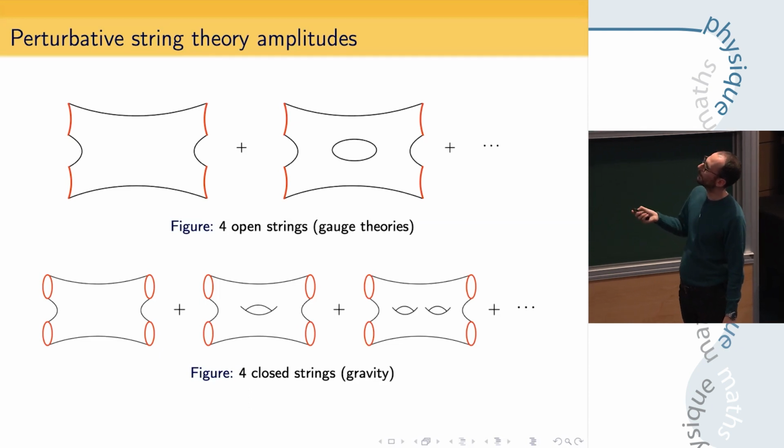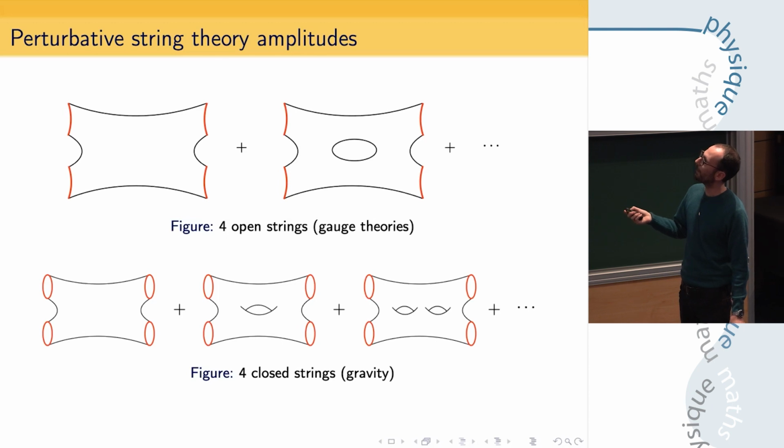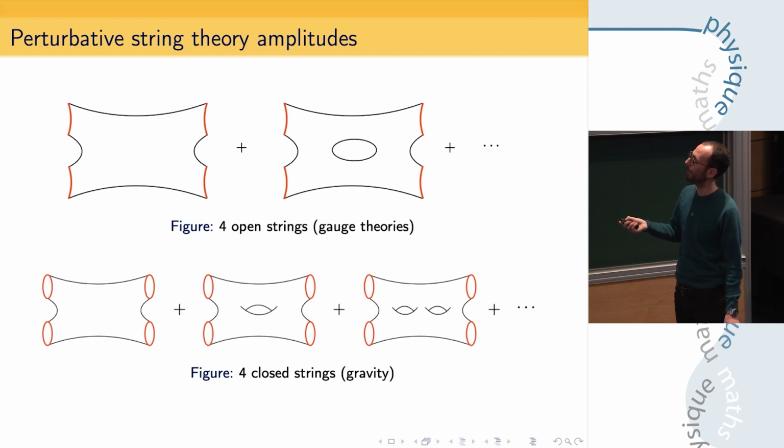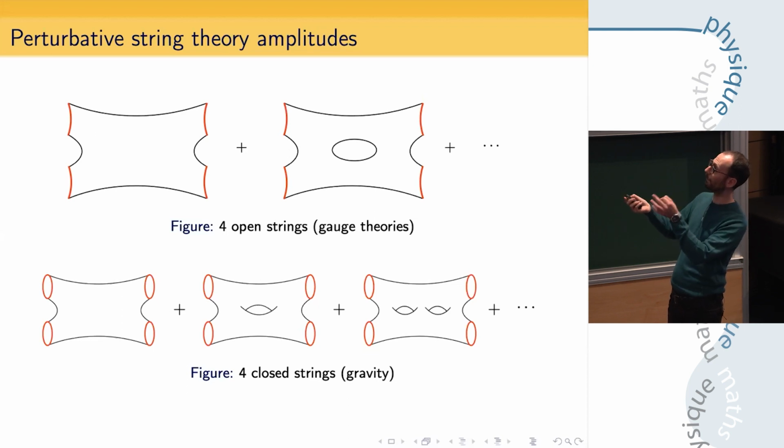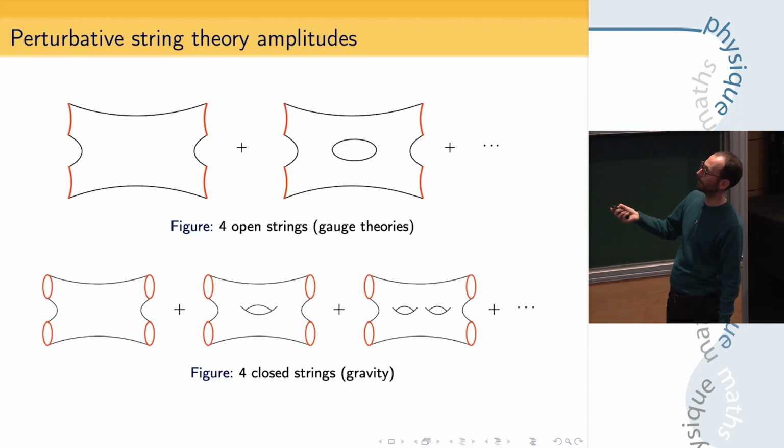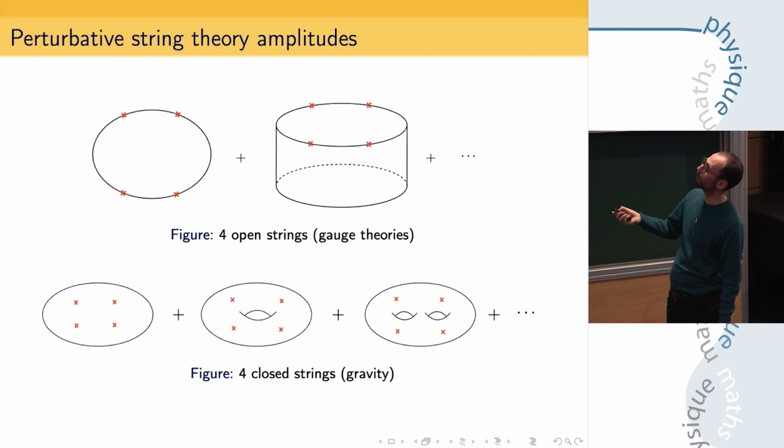Okay, so let me make another comment. Here you can see the evolution in time of these strings when they interact forms some surface, and these surfaces have boundaries, which are these black lines here when the strings are open, and don't have boundaries, I mean, the only boundaries are formed by the closed strings in the case of closed strings. But it turns out that you can imagine to shrink the strings after you have created these worldsheets into points.